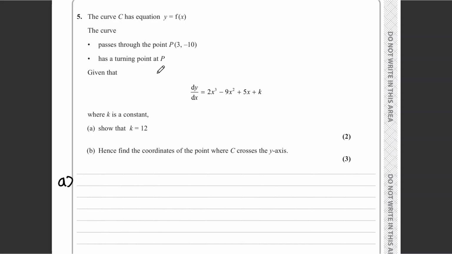And if you remember a feature of turning points as stationary points, turning points exist where dy over dx is equal to 0. Well, we know that this point P has an x coordinate of 3.